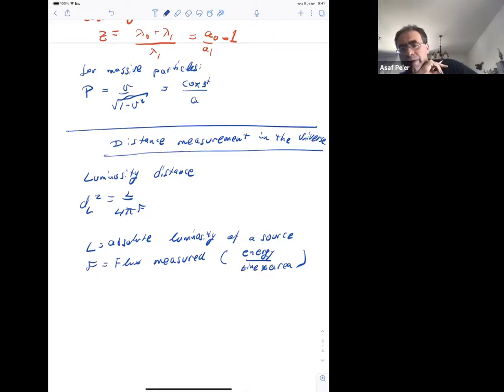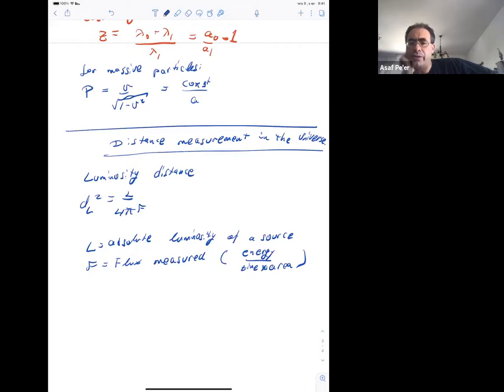Now, the flux is something which we measure, right? We put a detector, can be our eyes, and we're seeing that many ergs coming per second per centimeter square, right? We put a satellite or something, we know the area of the detector of the satellite, we know how many photons reach it per unit time. And this is something which we measure.